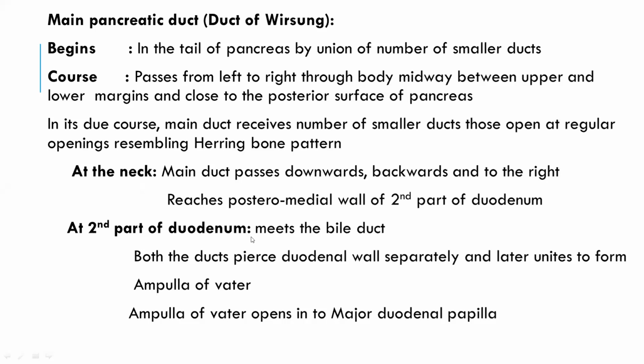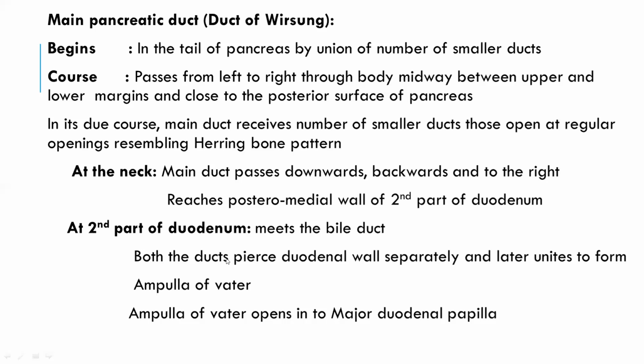Both the ducts now pierce the duodenal wall separately and later unite to form the ampulla of Vater.